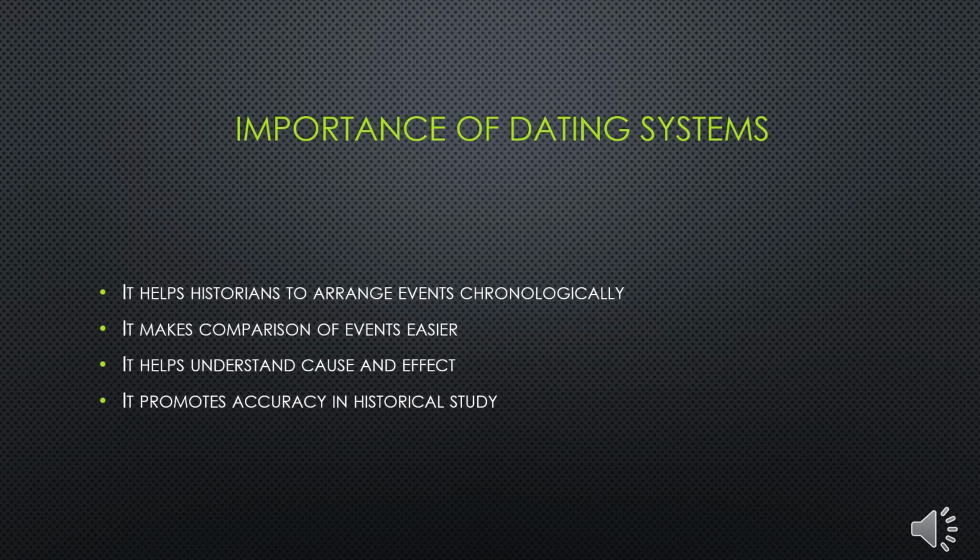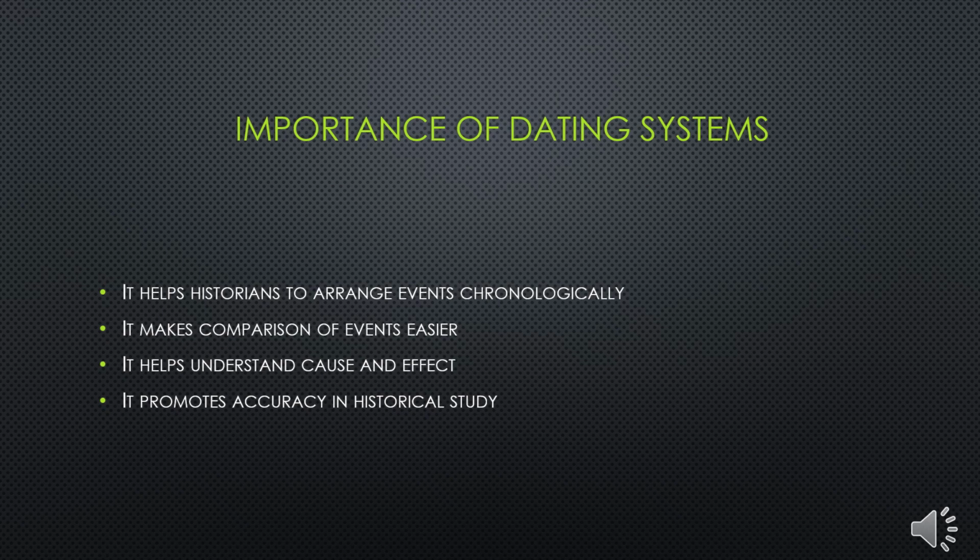Now we move on to the importance of the dating system. And here, one, we've written, it helps historians to arrange events chronologically. Point 2, it makes comparison of events easier. Point 3, it helps understand cause and effect.